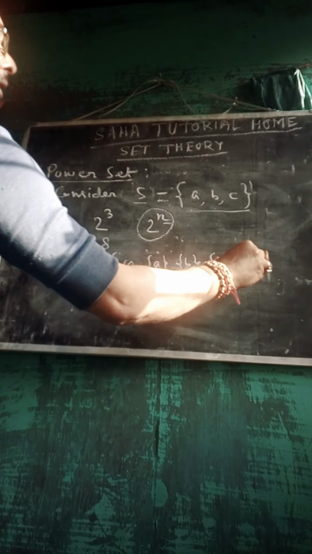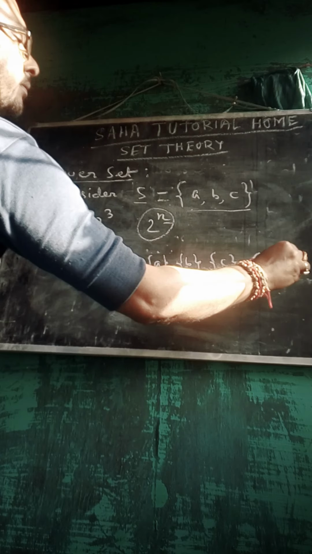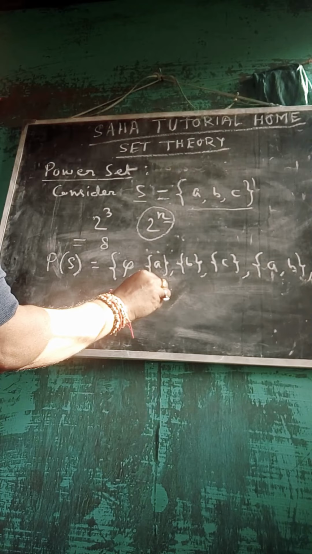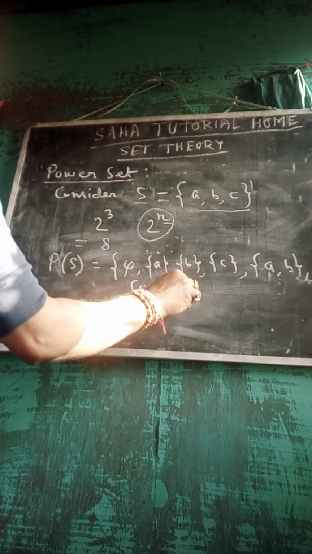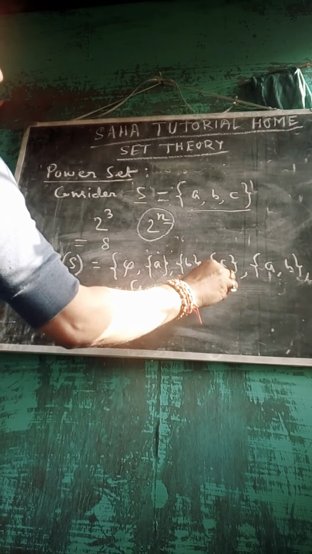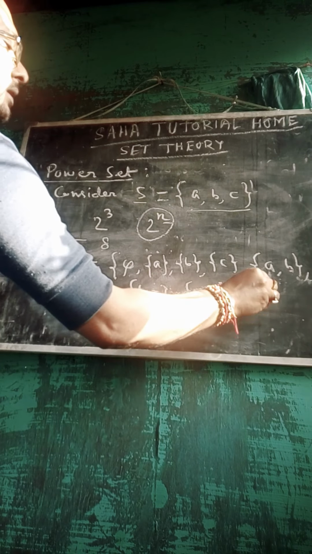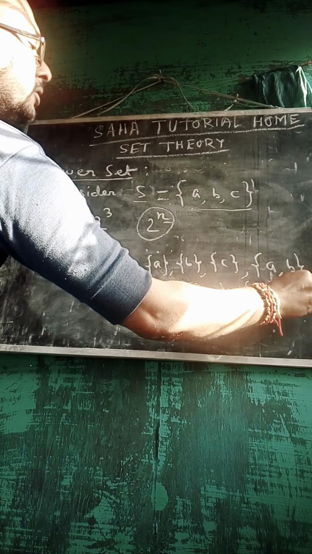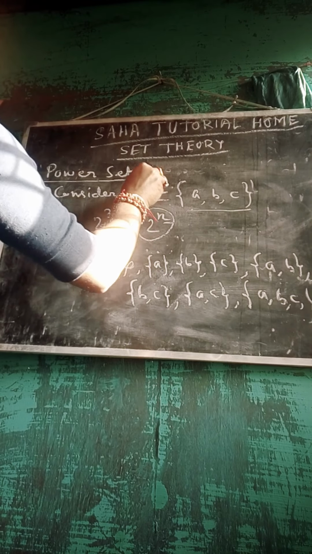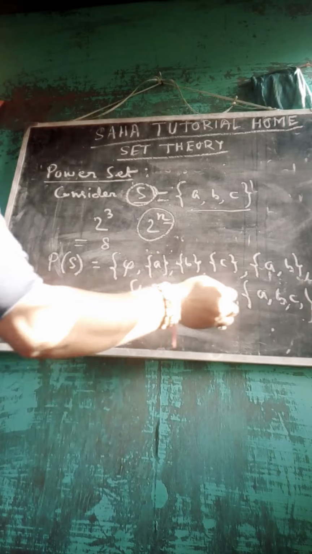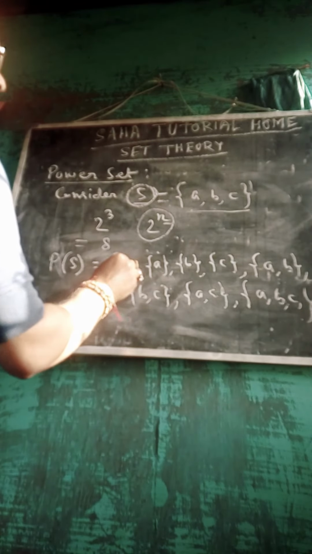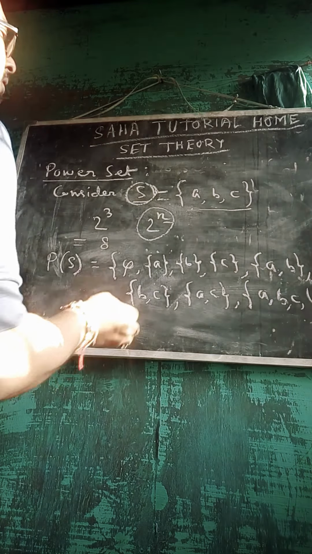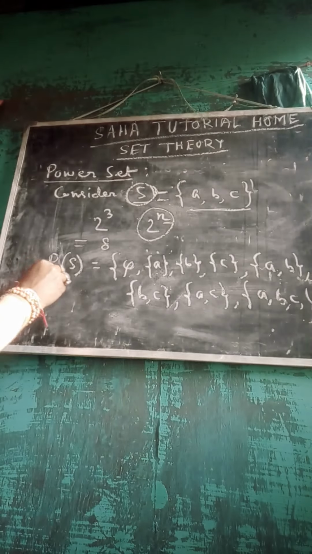Then we can take AB. We can take BC. We can take AC, and we can take ABC. The set S again, S is also a subset of S. AC is also a subset of S. So you can look, there are 1, 2, 3, 4, 5, 6, 7, 8 subsets of the set S. So this is called the power set.